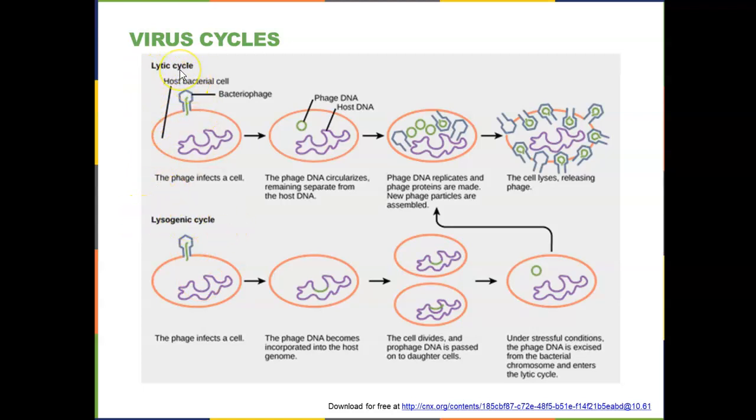So the lytic cycle is the one where a virus infects a host cell, nuclear material gets injected in, the phage DNA, and it's used as a template to make lots and lots more DNA, and as a template to make RNA to be translated to make proteins, so it can make the capsid proteins. Here we're making some fresh capsids.